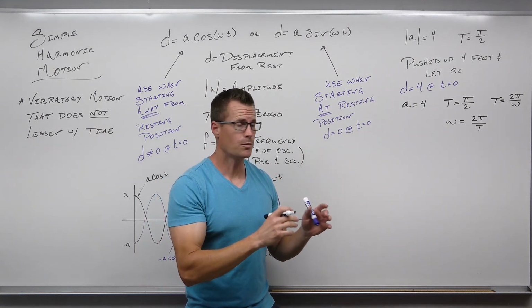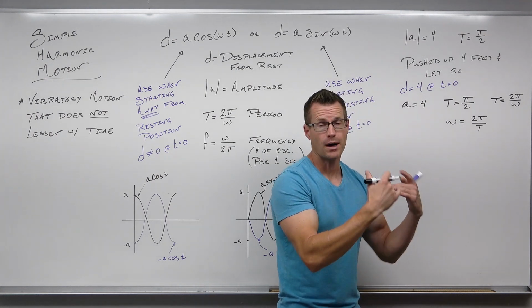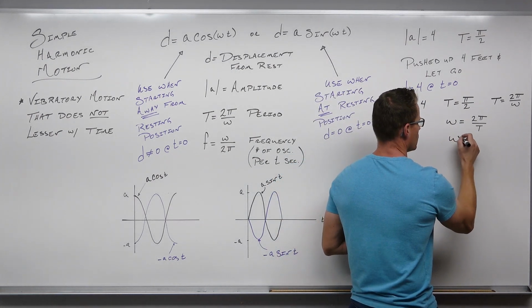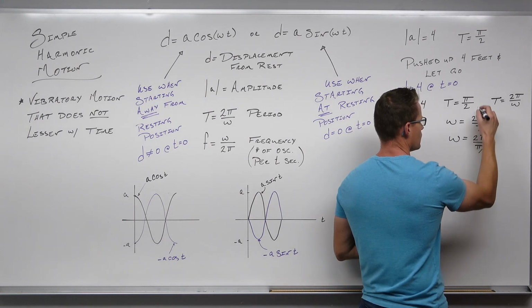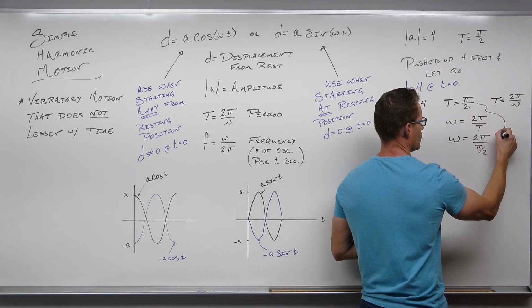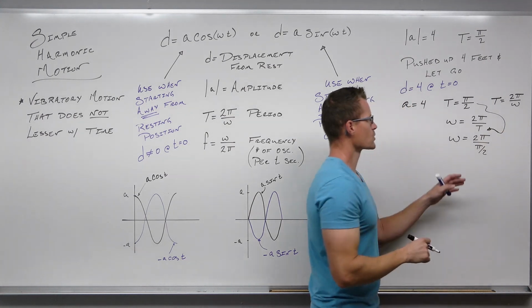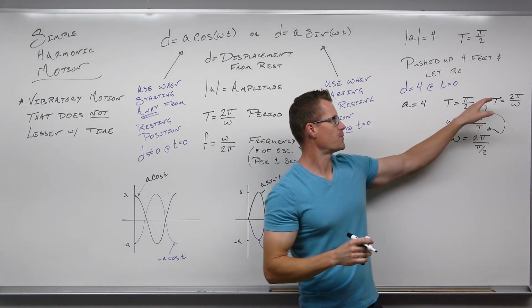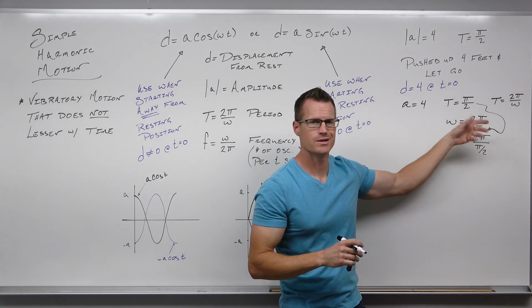Because we know our period, we can make a little substitution here. Omega is going to be 2 pi over pi over 2. So we're just substituting: if period equals 2 pi over omega, then omega equals 2 pi over period. We know our period, just substitute it.